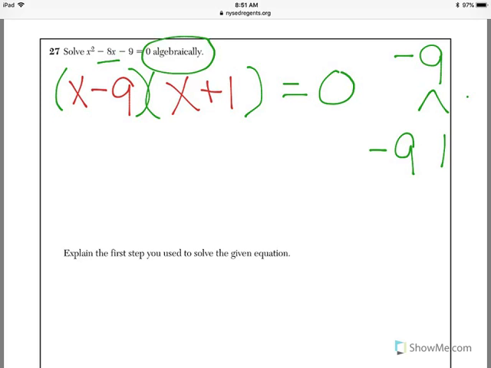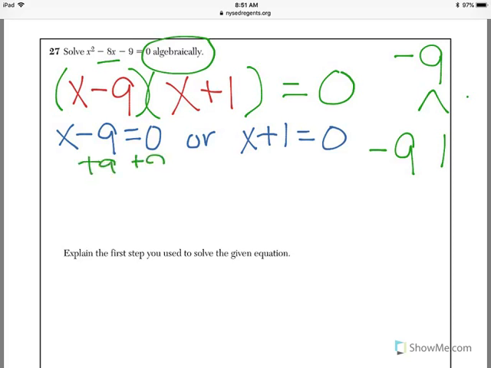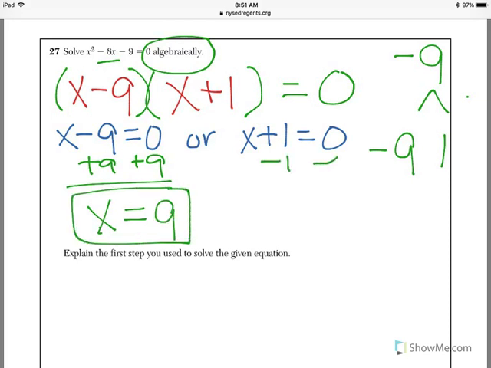And now in order to actually solve this, I need to set each factor equal to 0, and then I will be able to solve for my x's. So when I add 9 to both sides, one of my answers will be x equals 9. And when I subtract 1 from both sides, my other answer is x equals negative 1.